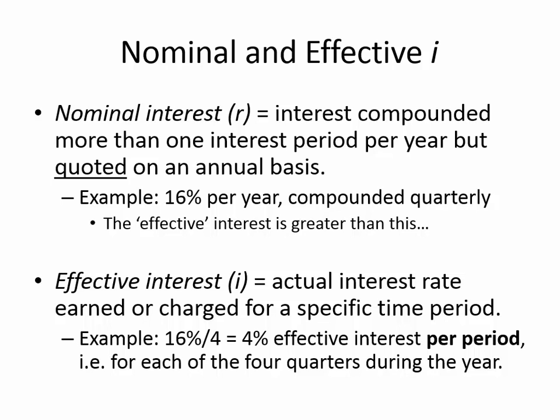So nominal is the interest rate without the effect of compounding, and effective does include the effect of compounding on the interest rate itself. Okay. Are there other questions about this? All right.